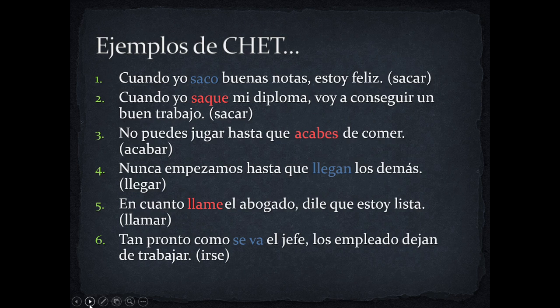If it's an action that's pending, has not yet happened or has yet to take place, then you have to use subjunctive after these expressions. So I hope this explanation of ESCAPA and CHET, 2 groups of conjunctions that can use subjunctive, I hope this has helped you understand. When you go back and read it through the book and do some of the exercises, you'll be understanding now.